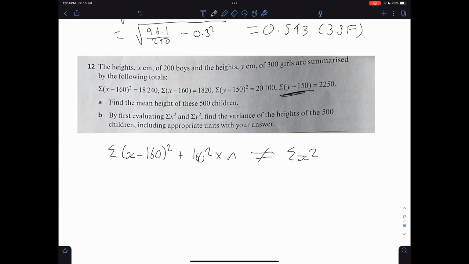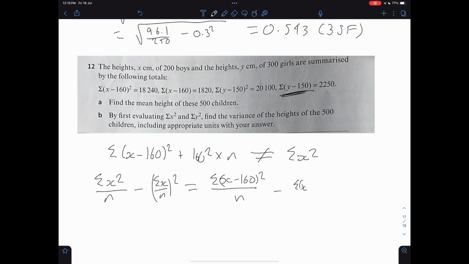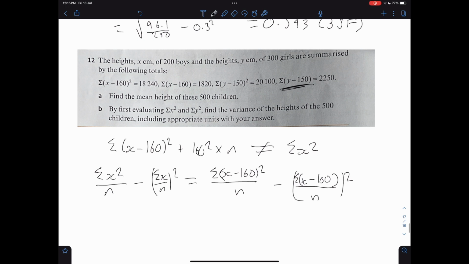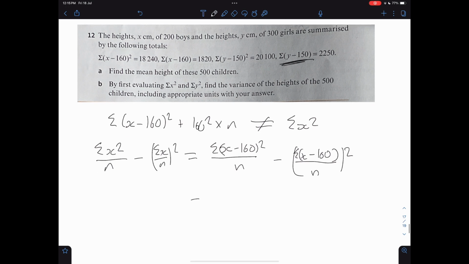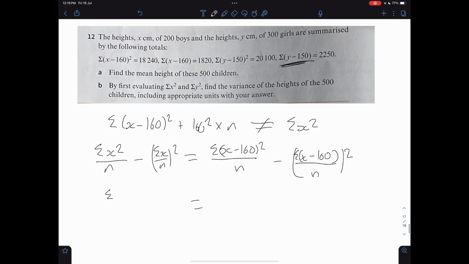Instead, you have to use the fact that the coded variance when you subtract a constant from everything or add a constant is the same. So, the sum of x squared over n minus (x over n) squared is equal to the sum of (x − 160)² over n minus (the sum of (x − 160) over n) squared. So just substitute in what you know. The sum of x squared over n.